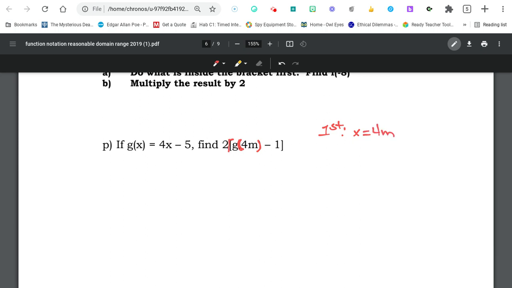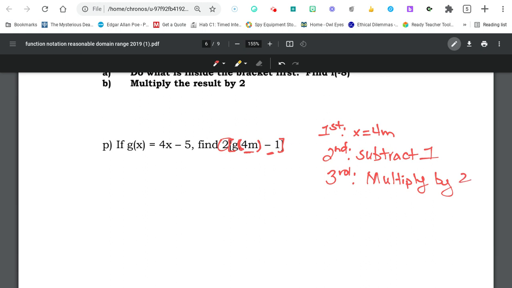And then if I'm working inside the bracket first, because I'm using order of operations, PEMDAS, you work inside of brackets or parentheses first. After you change x to 4m, the second thing you're going to do is subtract 1 from that answer. And then there's a third thing you're going to do. So after you input the 4m, you subtract 1, then I need you to multiply that entire answer by 2. That's the third thing, multiply by 2.